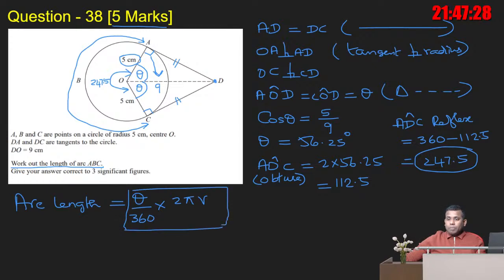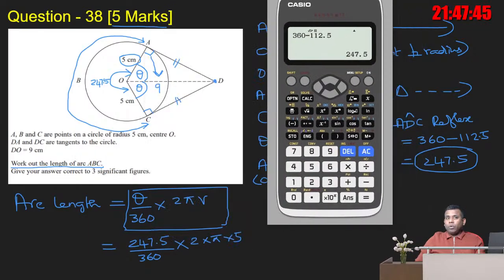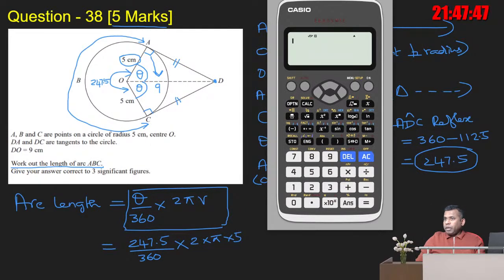So I'm going to substitute now, the answer is ready. 247.5 over 360 times 2 times pi times the radius, which is 5. I will show you how to use the calculator, because most people may end up with a wrong answer by pressing the calculator in a different way.